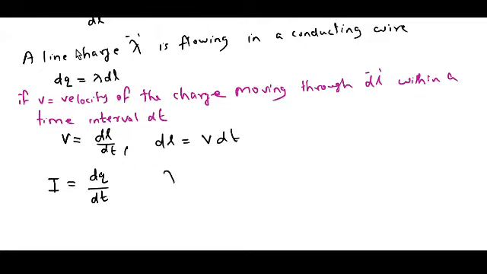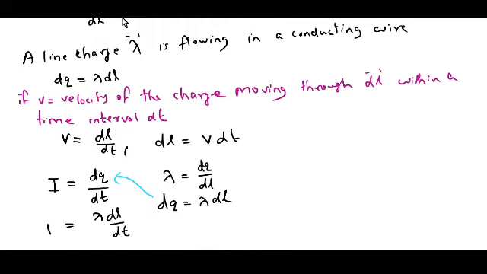Then from lambda equal to dq by dl, this dq can be written as lambda dl. Here I replace dq by this expression, that is lambda dl by dt. We have seen that dl by dt is nothing but the velocity.